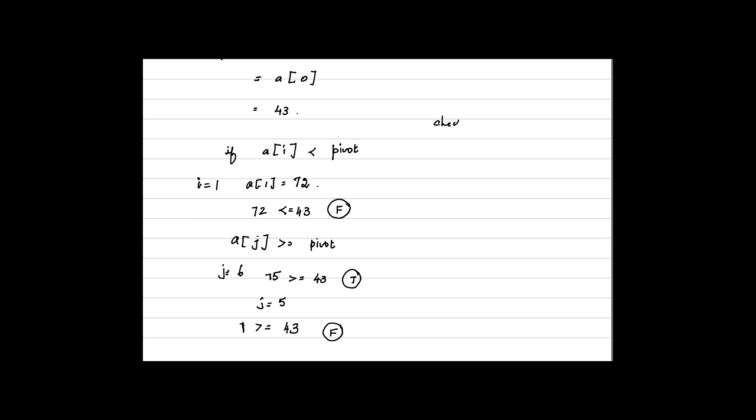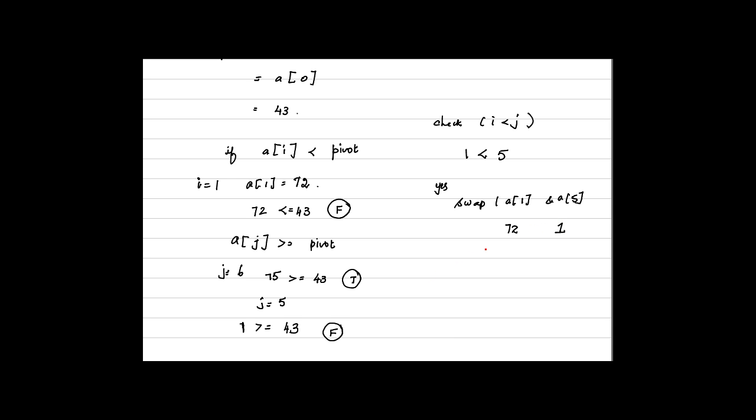It checks whether I is less than j. I value is now 1 and j is 5. Is it less? Yes. If it is yes, it swaps A of 1 and A of 5. A of 1 is nothing but 72 and A of 5 is 1.